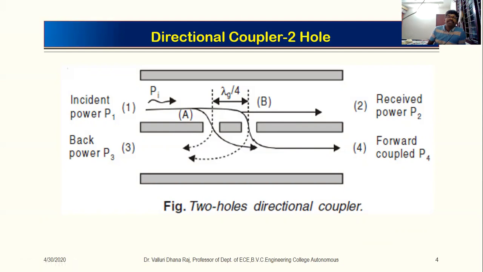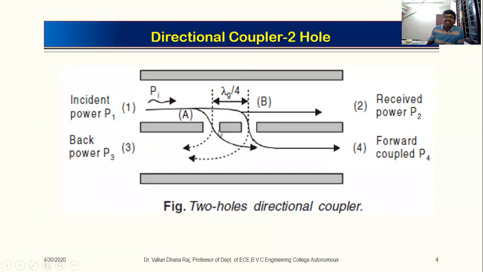This is the reference wave with 0 phase difference, and this one has a 90 degree path difference, multiplied by 2 pi by lambda g. So both the waves are opposite in phase, or out of phase.